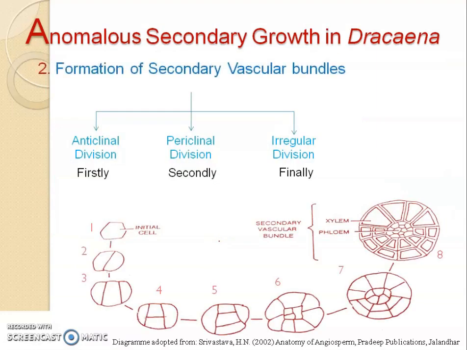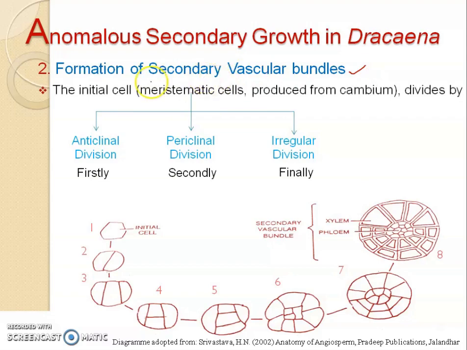Now the second step of the anomalous secondary growth in the Dracaena stem is the formation of secondary vascular bundles. The initial cell, which is a meristematic cell produced from the cambium, divides firstly by tangential division.